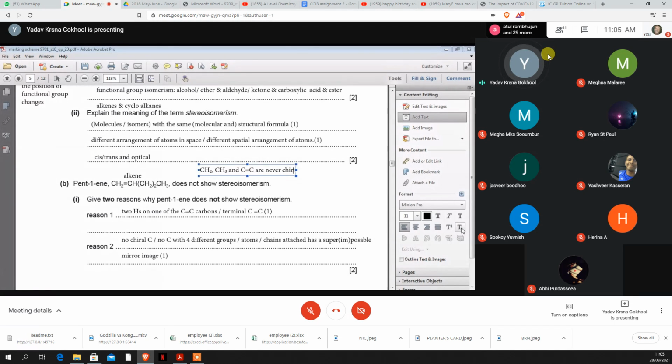So you can see that in pent-1-ene we have these parts included, so we will not have optical isomerism.